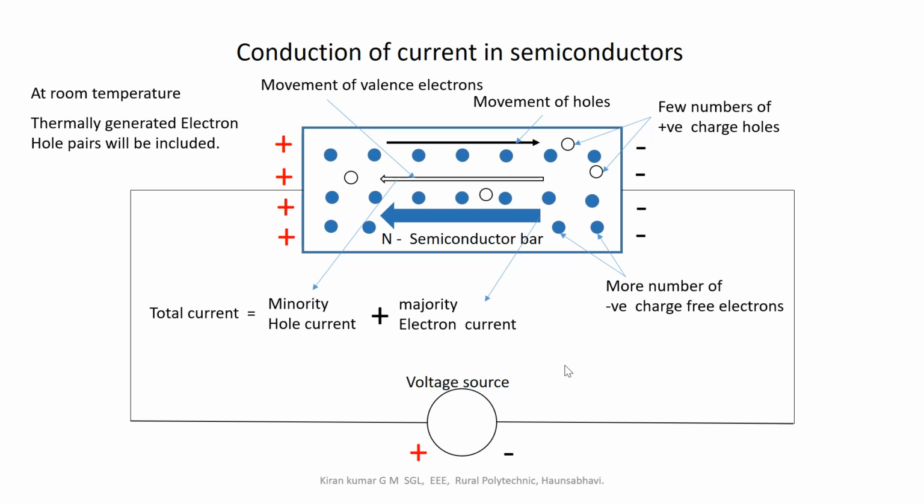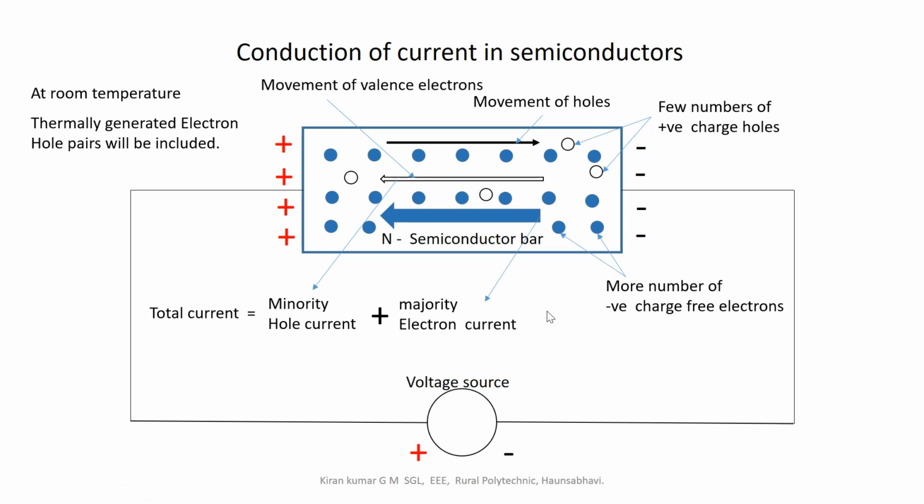As the contribution of free electrons is more for the current conduction here, free electrons are called as the majority charge carriers and holes are called as the minority charge carriers in N type of semiconductors.